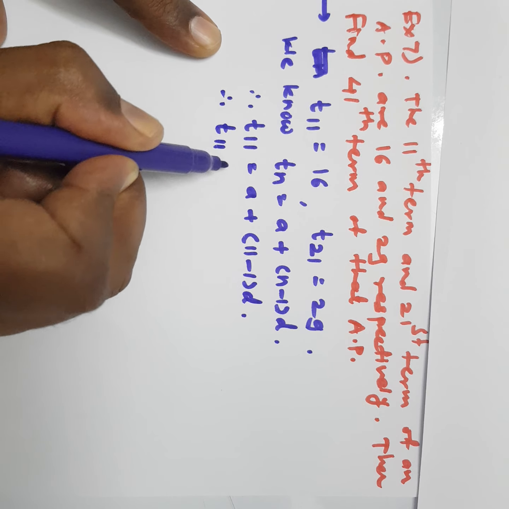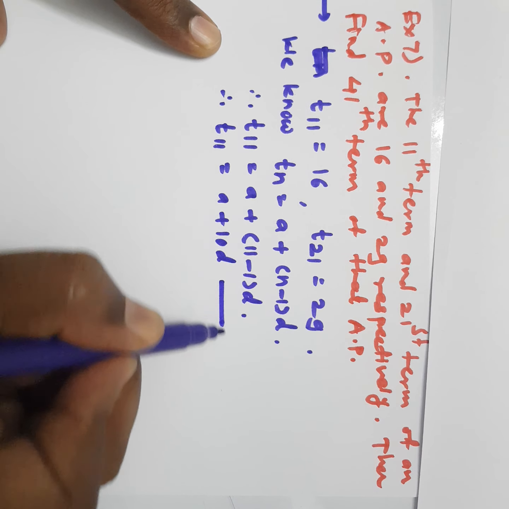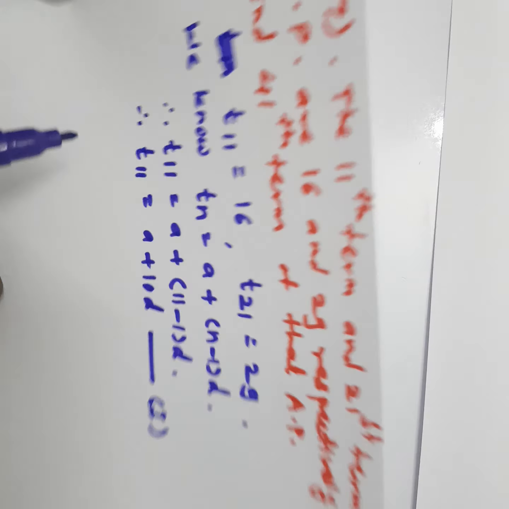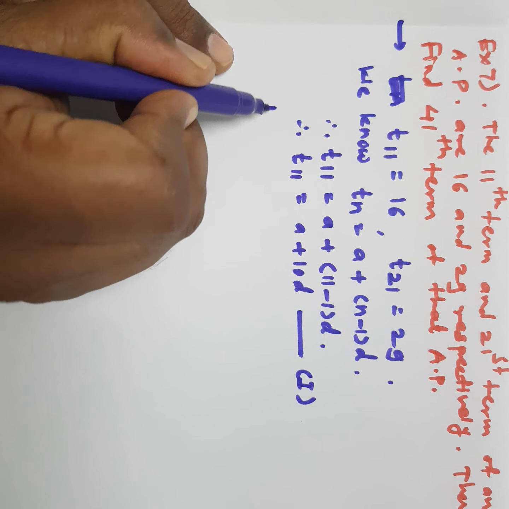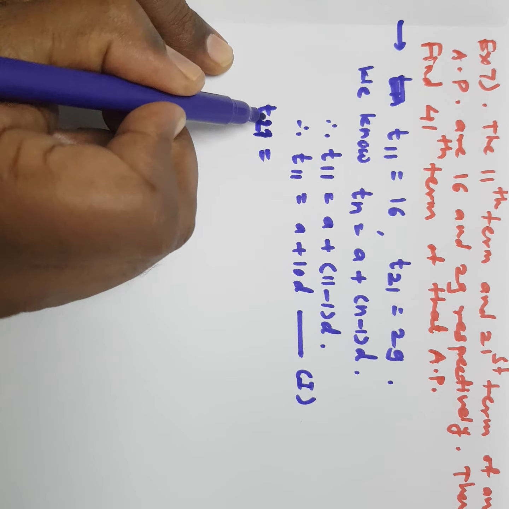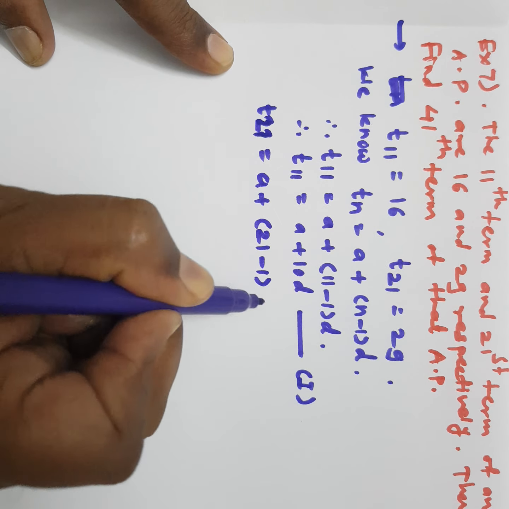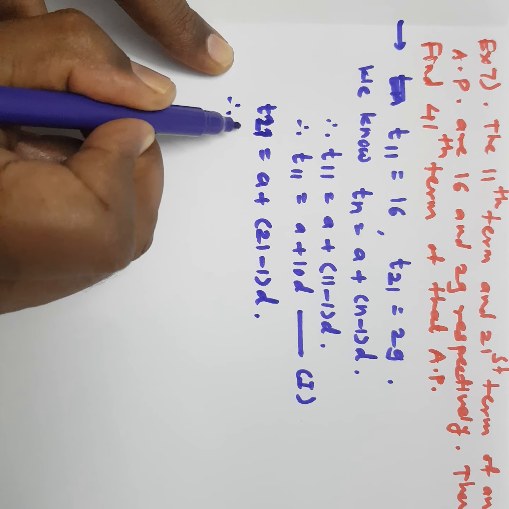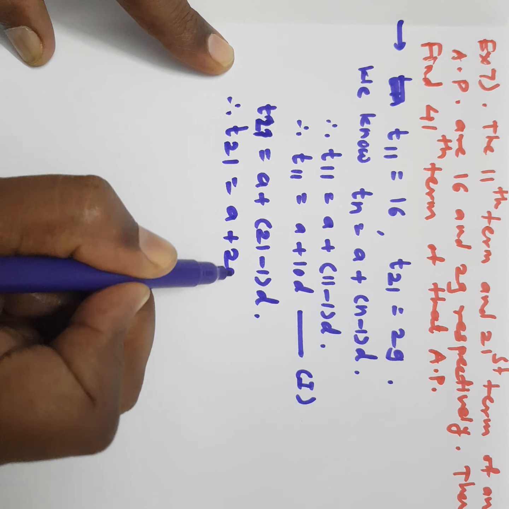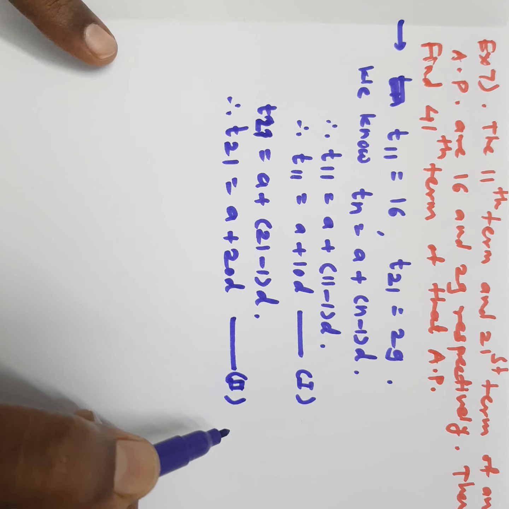Therefore T11 is equal to a plus 10d. Let it be equation 1. Then, using the same formula, T21 is equal to a plus 21 minus 1 into d. Therefore T21 is equal to a plus 20d. Give the second number to this equation.